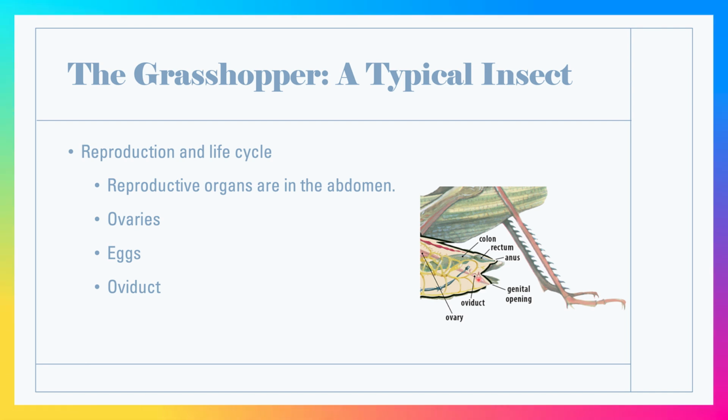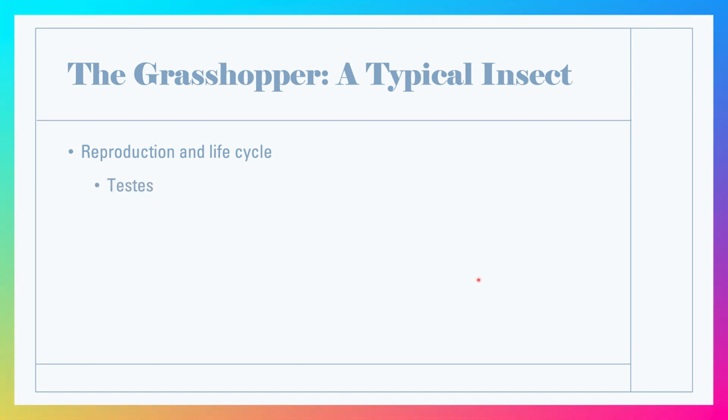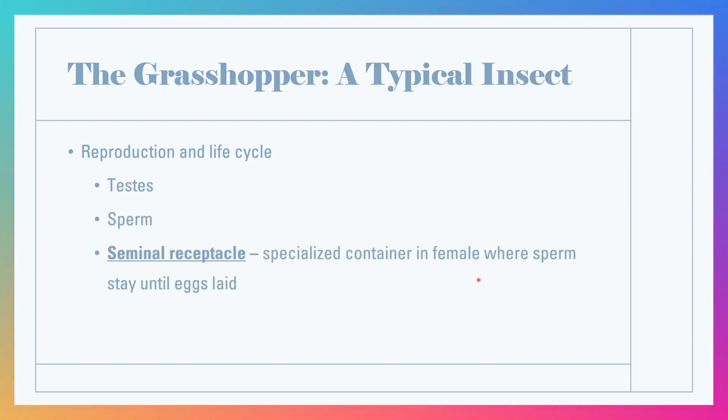And fertilization is internal. The testes produce the sperm, and then there's a receptacle in the female where the sperm stays until the eggs are laid. An ovipositor is the sharp-pointed organ that digs a hole in the ground for the depositing of eggs.